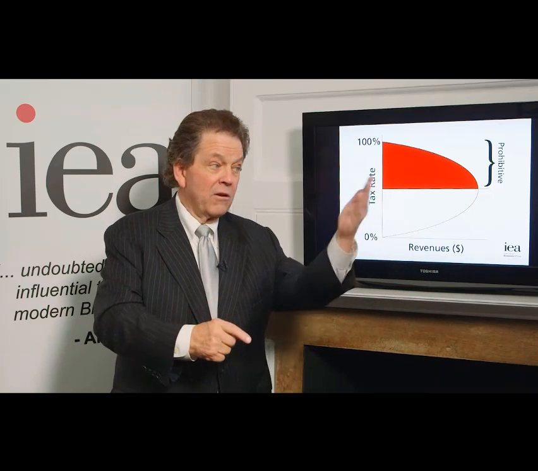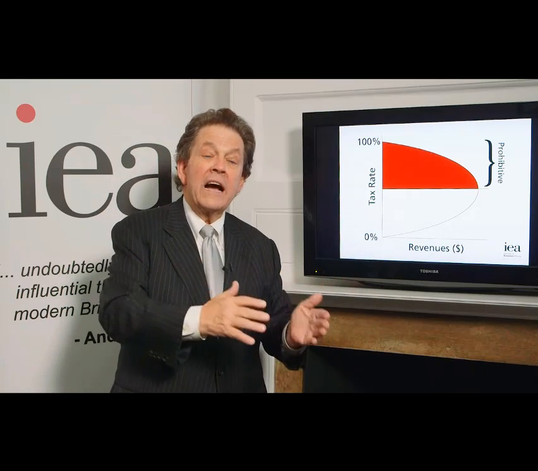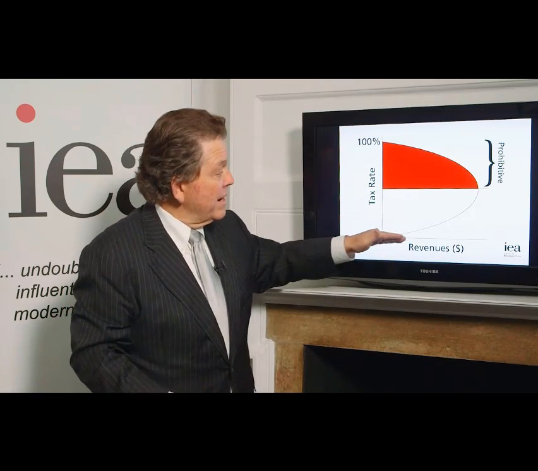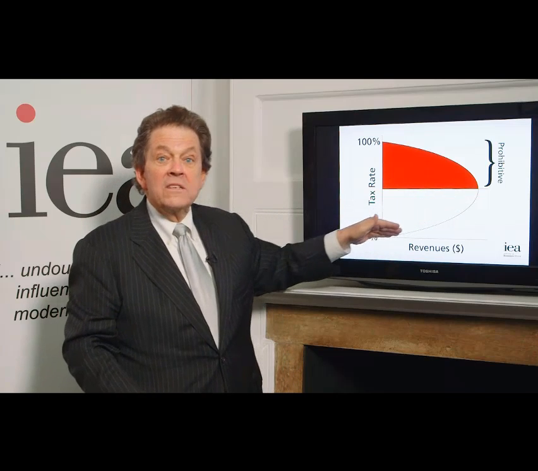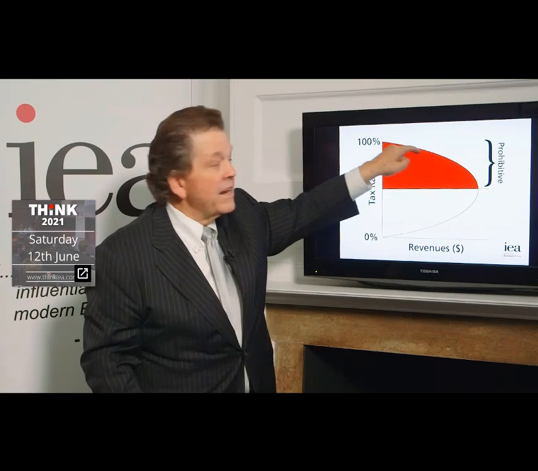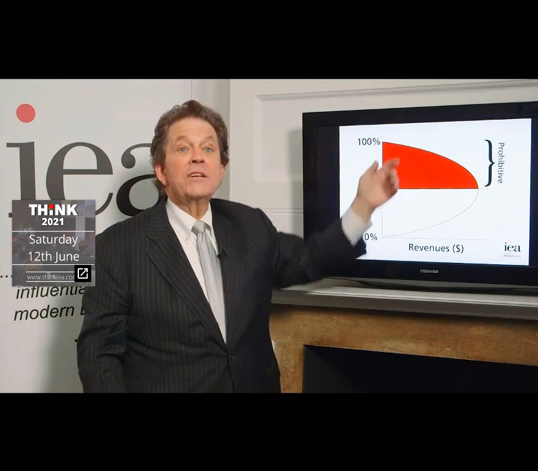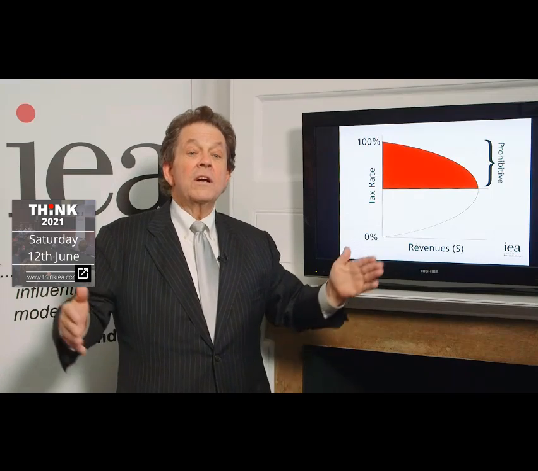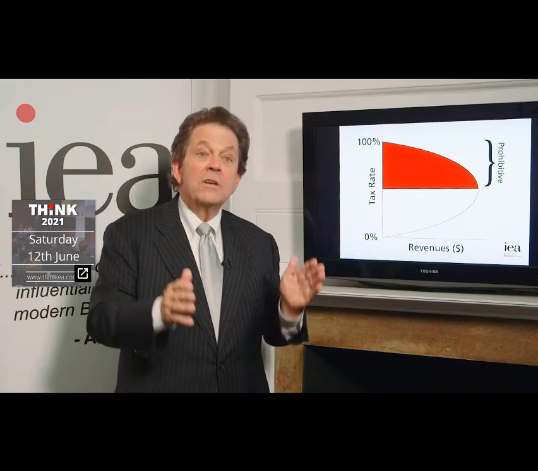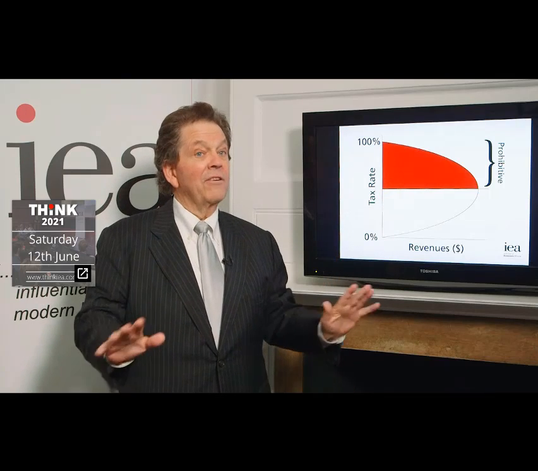These two effects, the arithmetic effect and the economic effect, always work in the opposite direction. In this range, the arithmetic effect wins, and you get more revenues by raising tax rates. In this range, the economic effect wins, which by raising tax rates, you actually get less revenues because you do more and more damage to the tax base. And that, ladies and gentlemen, is the Laffer curve.